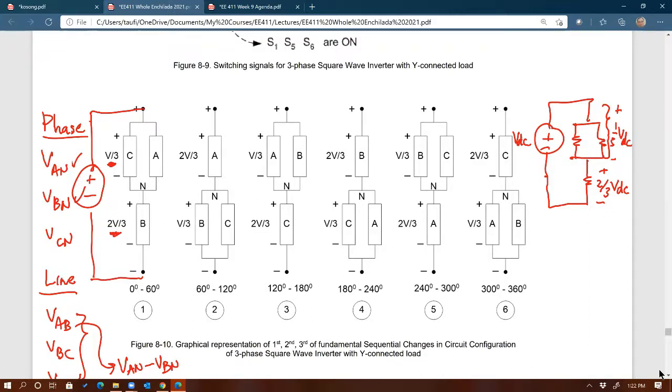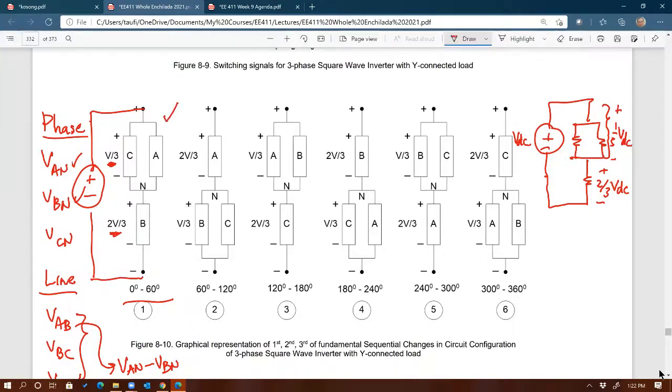If I ask you to determine for this segment 0 to 60 degrees, what is VAN at this point? Well, VAN, right? A is right here, and N is down here. See, N is right here. What is VAN? Well, VAN is going to be plus VDC divided by 3. What is VCN? Well, VCN, N is right here again.